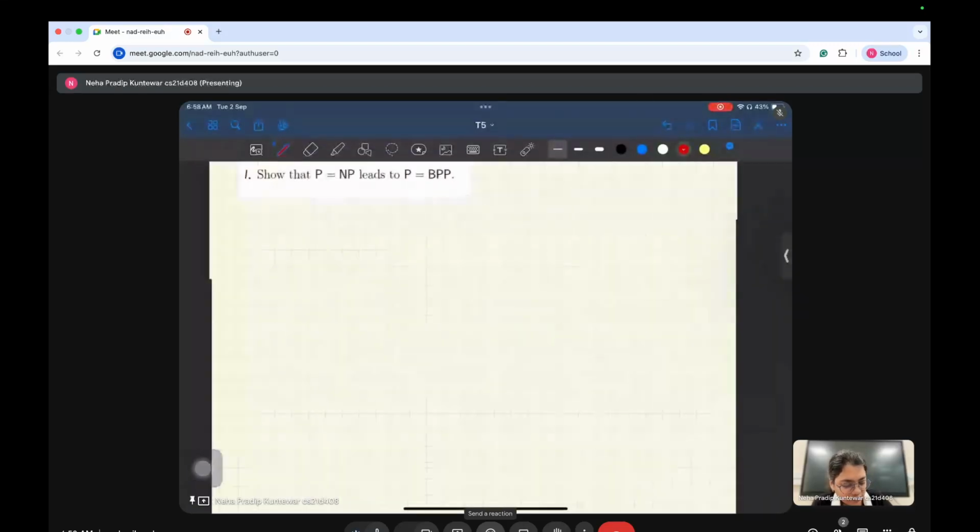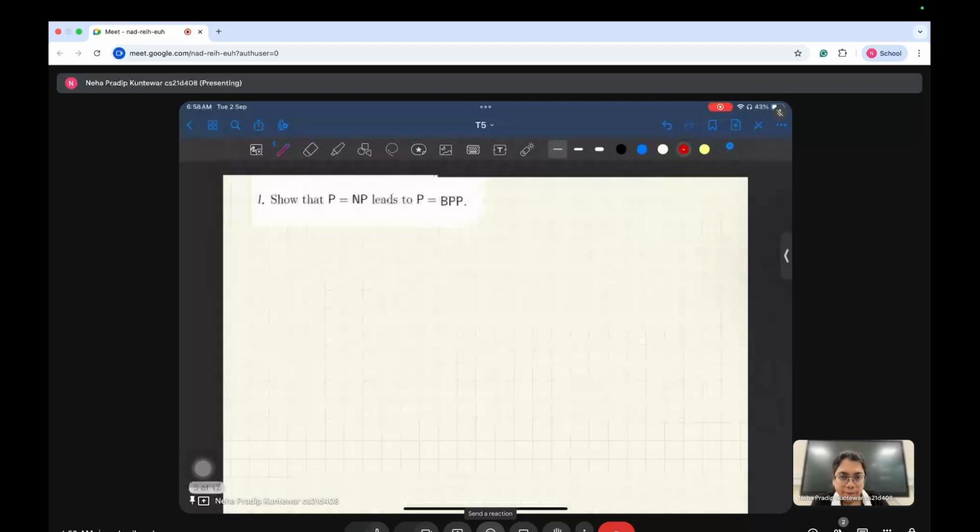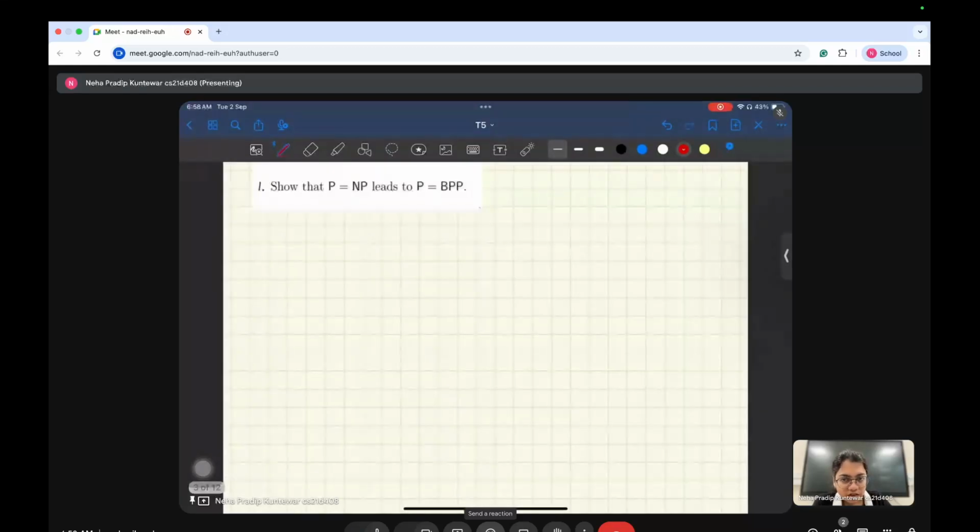The first question says that, just to give a picture, we know that P is contained inside NP, but we don't know whether these are equal or strict. So this is an open problem that we know.